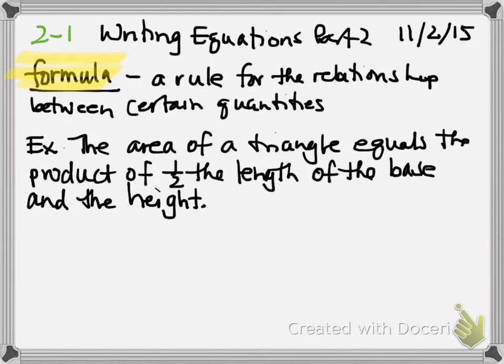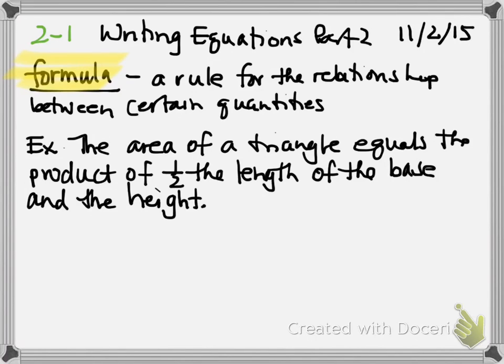What's going to make a formula different than a regular equation is that, generally speaking, we're going to have more than one variable involved in here. So how are we going to represent, well, first off, what is our word that tells us to write the equal sign? This one is about as obvious as it gets.